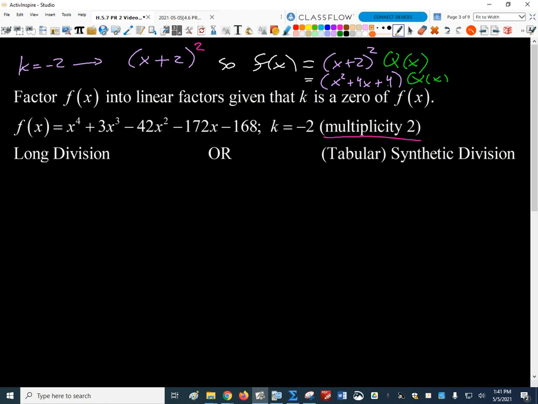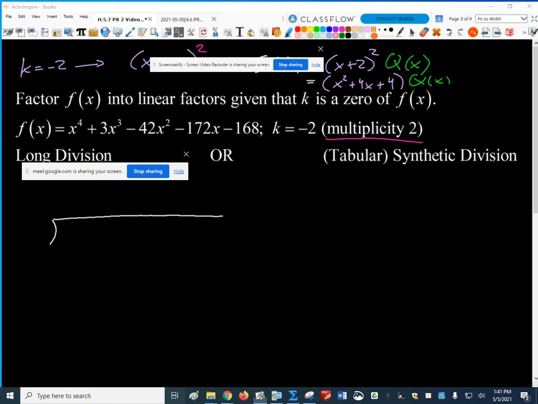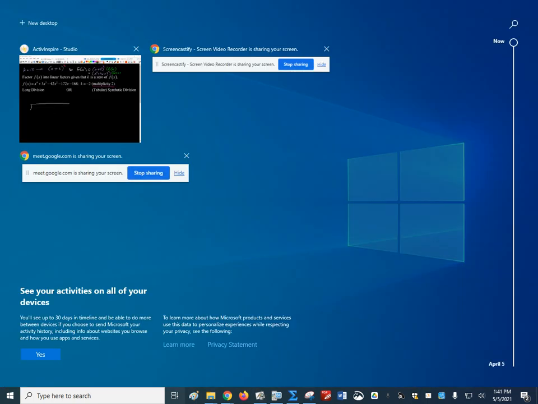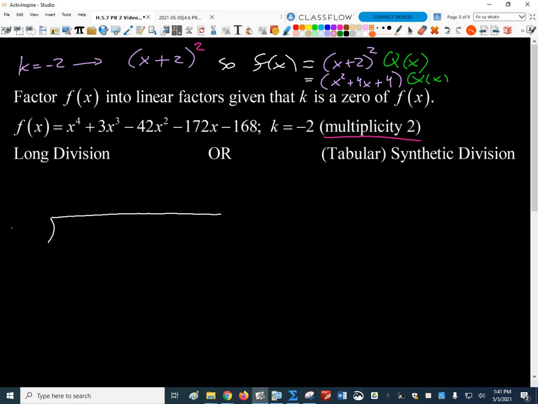So using long division, then we could set this up as, let's see, we'll go clear over here. Outside, I'm going to divide by that, right? So that's going to be in the denominator. So that goes outside. X squared plus 4x plus 4 is out front, right?